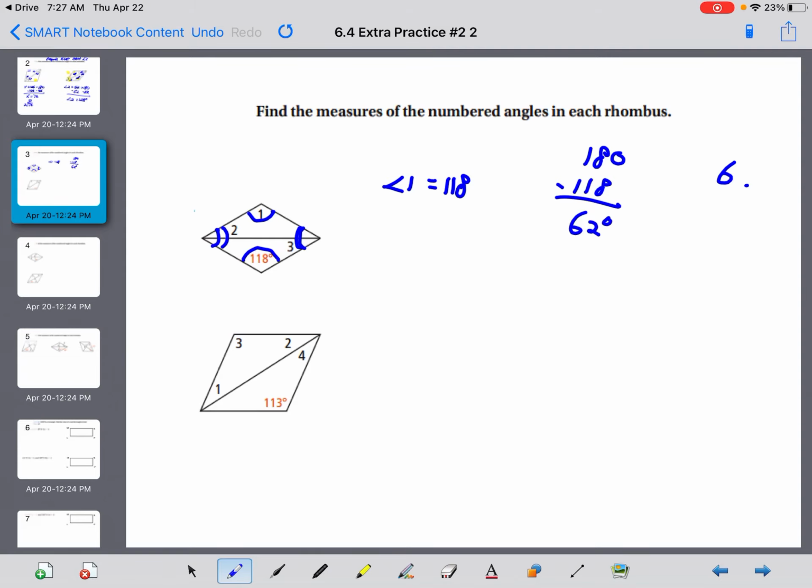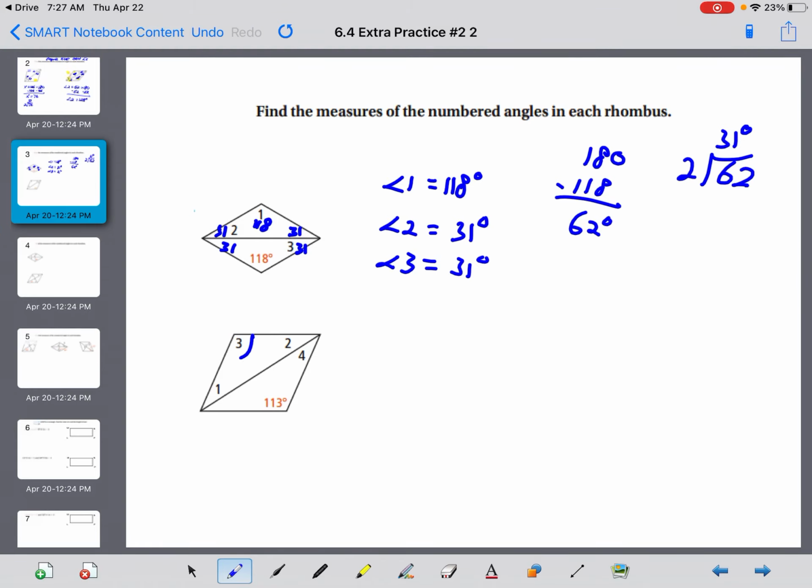So let's take that 62, divide it in half, and we get 31 degrees. So angle 2 and angle 3 are both 31 degrees. Okay, so let's fill these in. We have 31, 31, 31, 31, and 118.